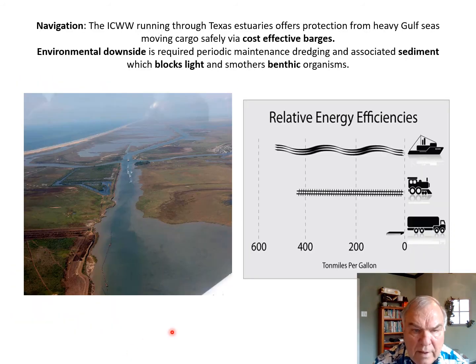I'd be remiss if I didn't mention some of the non-biological but important economic advantages of our Texas estuaries, and that's the fact that they float boats, float barges basically. You see a picture here of the part of the intercoastal waterway canal system that runs usually a mile or so just inside the barrier islands that we discussed earlier.